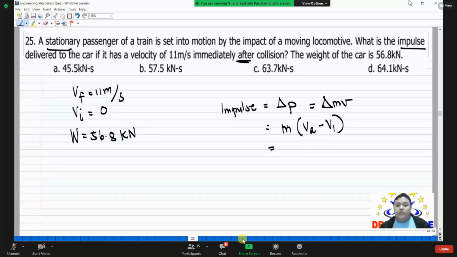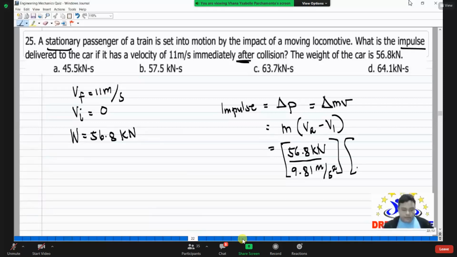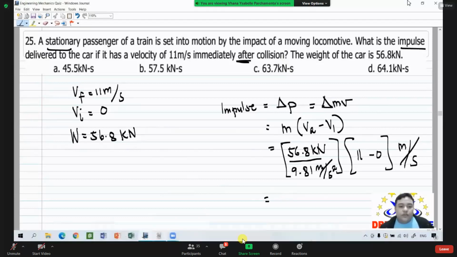It did not stick together, the two masses did not combine. So the mass of the car is 56.8 kilo divided by the gravitational pull, 9.81 meters per second squared. This is Newton, multiplied by 11, the final minus 0, in meters per second. So meters per second cancel, and one second remains, so kilonewton second.